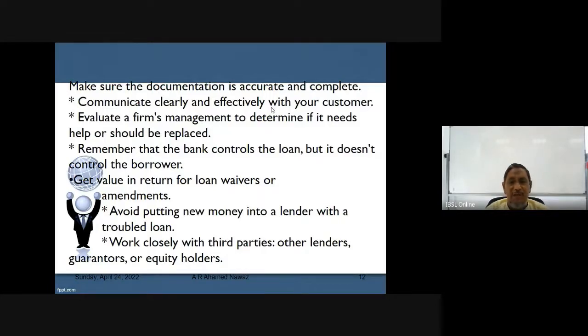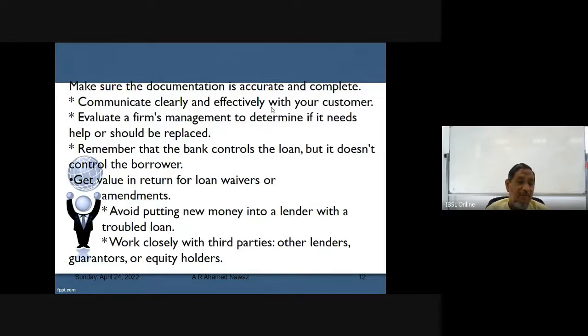Avoid putting new money into a lender with a trouble loan. If the customer's problem is identified, giving further facilities to that customer will not help them survive, so we should not go ahead with that customer. Most customers, when they reach trouble level, come and ask for funds from the bank. But we have to evaluate whether the customer can rehabilitate with new loans and also repay the old loans.